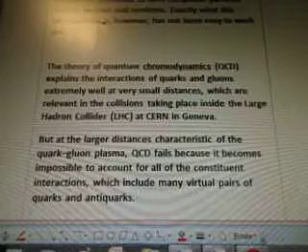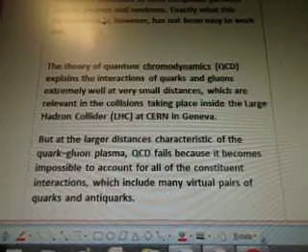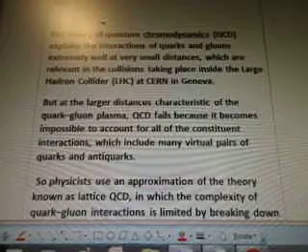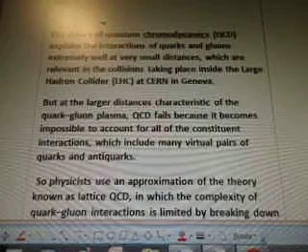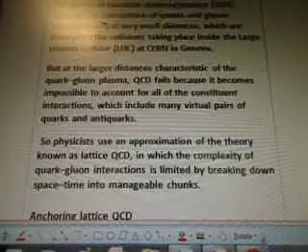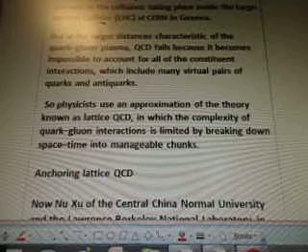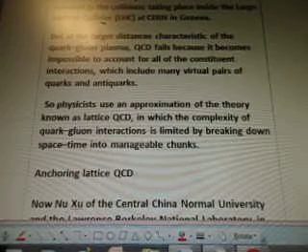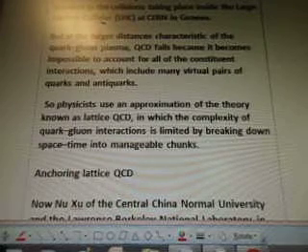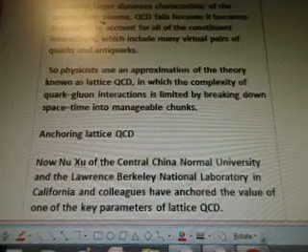The theory of quantum chromodynamics explains the interactions of quarks and gluons extremely well at very small distances, which are relevant to the collisions taking place inside the Large Hadron Collider, LHC, at CERN in Geneva. But at the larger distances characteristic of the quark-gluon plasma, QCD fails because it becomes impossible to account for all of the constituent interactions, which include many virtual pairs of quarks and antiquarks.